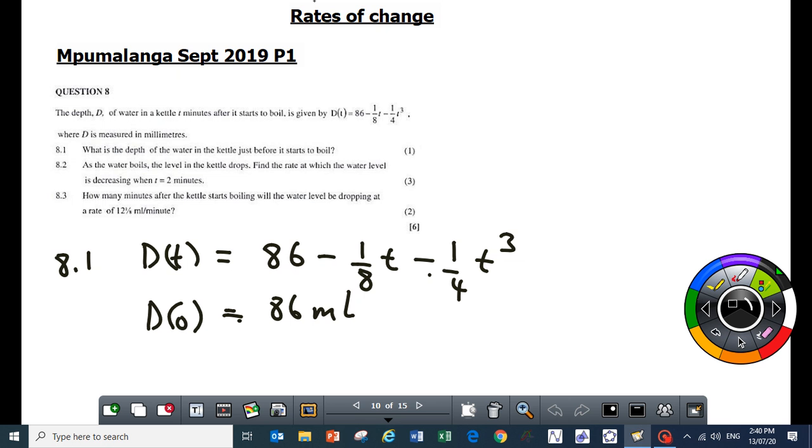Okay, for this question, because the rate is negative, we have to substitute d prime of t as a negative value, which is minus 12 and 1 over 8. That won't stop us from getting a value of t which is positive. We are dealing with a decreasing function. Because of that, we can substitute it as a negative.